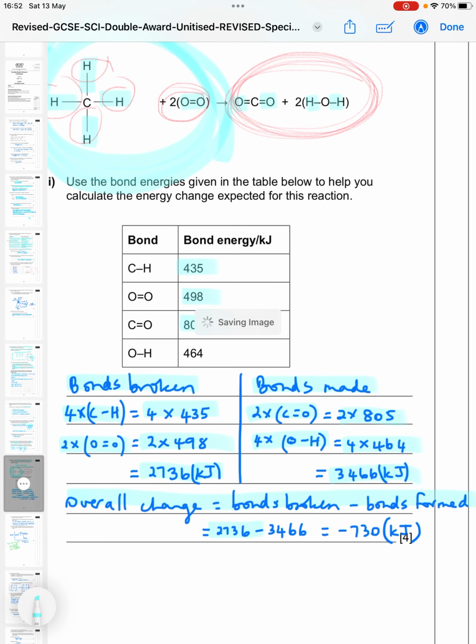So the overall change then is the bonds broken, take away the bonds formed, so we have 2736 minus 3466, and that gives a total of minus 730 kilojoules. And of course, it's very, very important that you get the correct sign, because that tells us whether it's an endothermic or exothermic reaction.